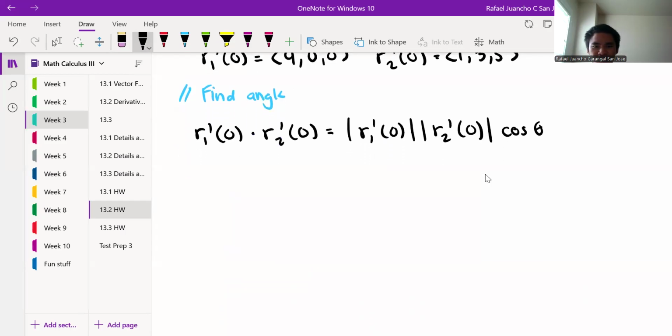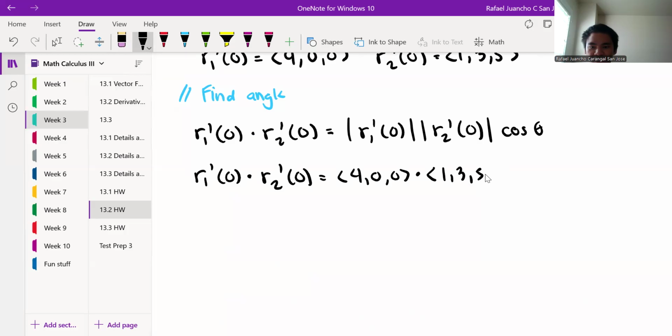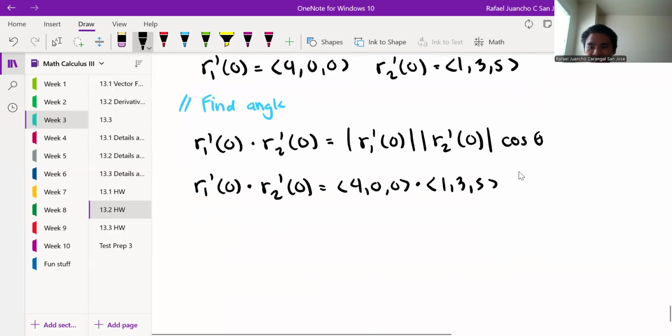And then we just solve for it. So let's first get their dot products. It's going to be 4, 0, 0 dotted with 1, 3, 5, which is just 4 times 1 plus 0 times 3 plus 0 times 5. So it's actually just 4.